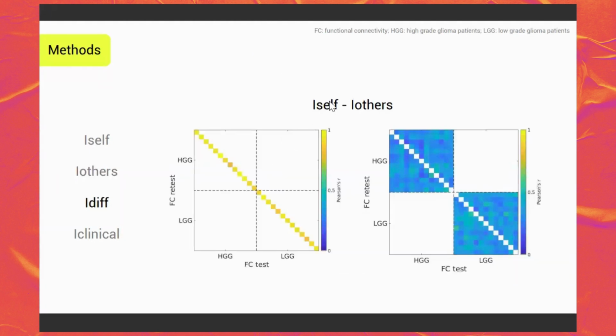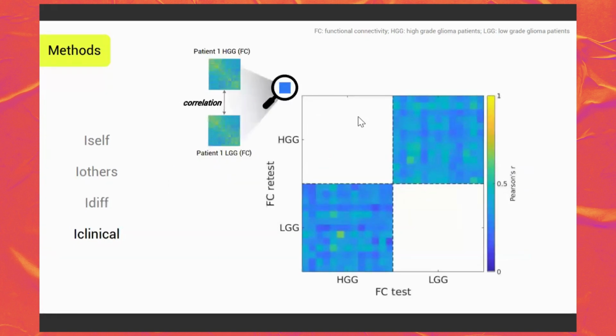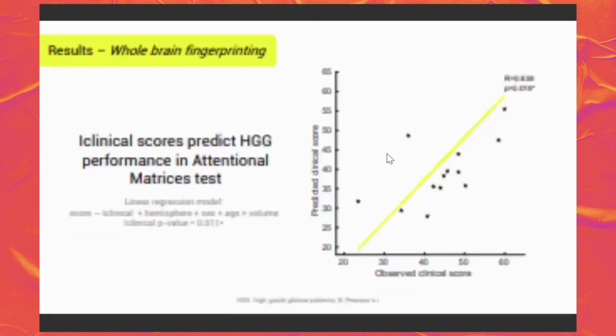I-diff is the difference between I-self and I-others, and it suggests how much a patient is univocally identifiable among his own population between test and retest, while minimizing similarity with other patients' functional connectivity. And finally, I-clinical is the correlation between high-grade patients' and low-grade patients' functional connectivity.